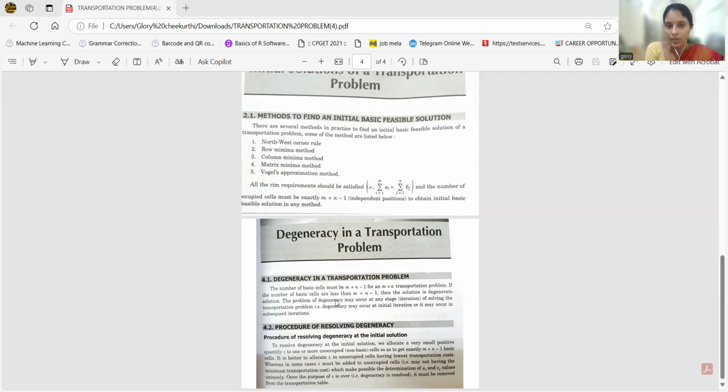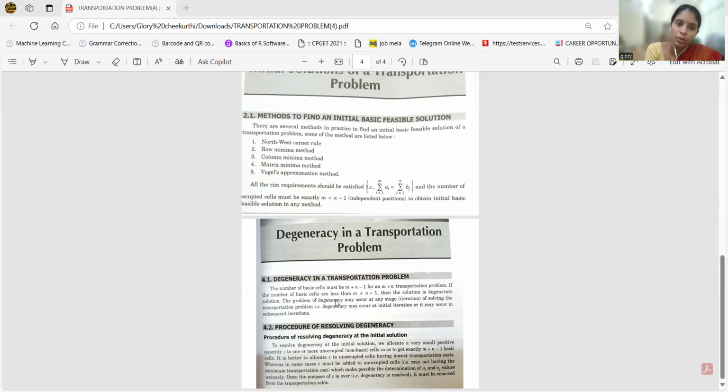The northwest corner rule, matrix minima, and Vogel's approximation method are the three most commonly used methods for finding an initial basic feasible solution.